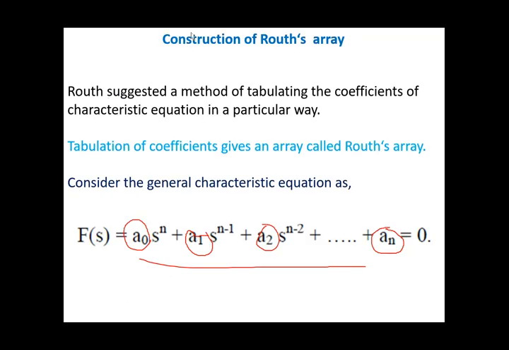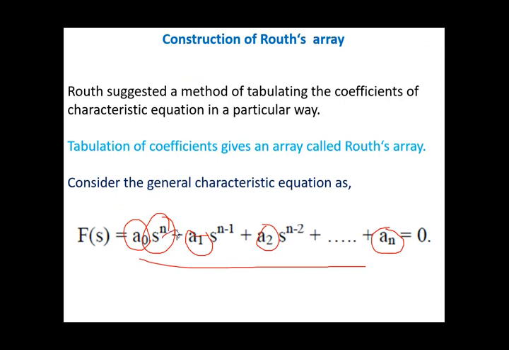So consider the maximum power of this polynomial, that is n. For example, if it is ax square plus bx plus c, the maximum power, the degree of that polynomial, is 2.